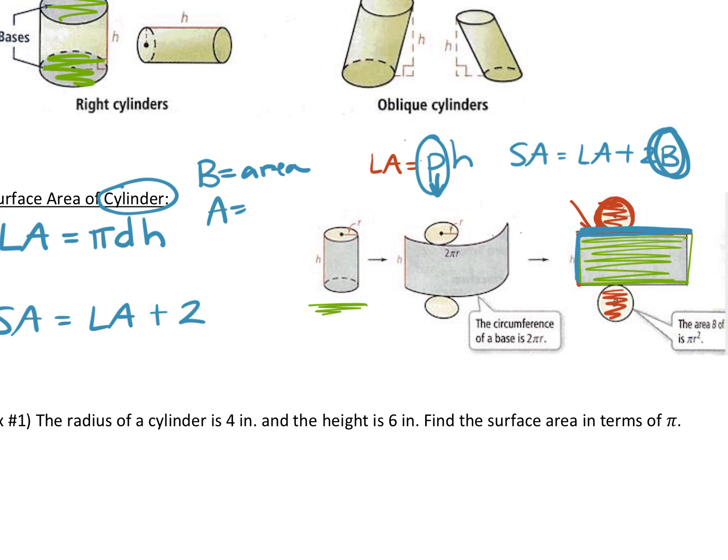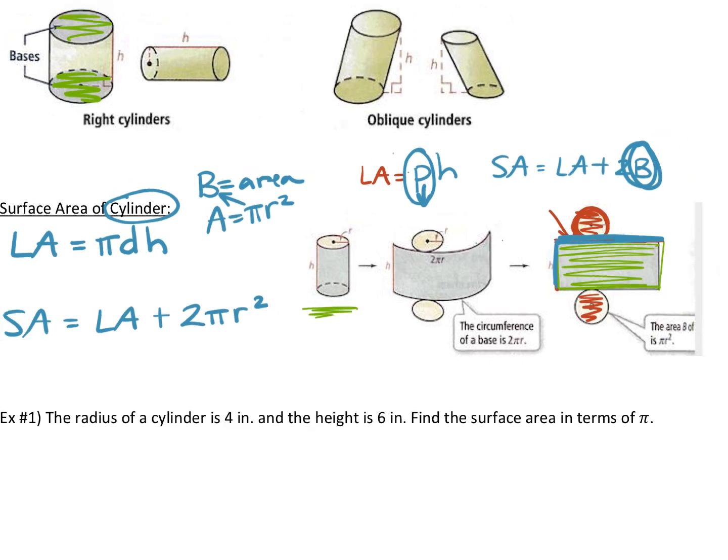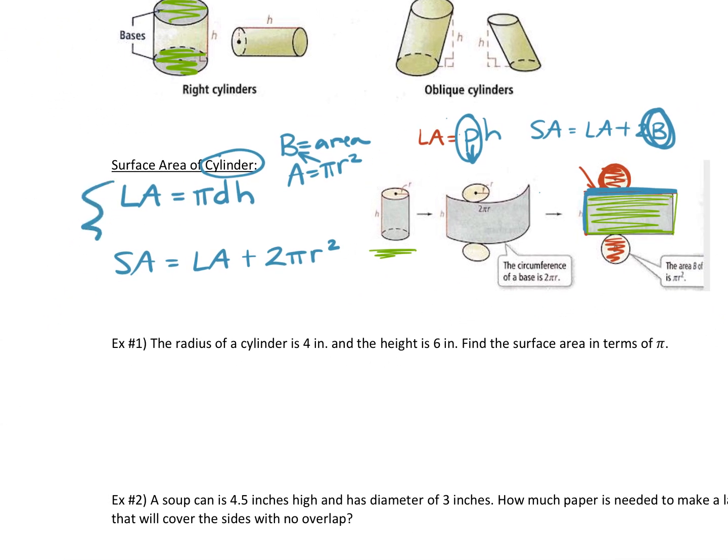Pi r squared. So when you see a B, you put in a pi r squared. They're the same formulas that we've been using. It's just that now this represents P, and this represents your capital B. So lateral area is pi d h. Surface area is LA plus 2 pi r squared, 2 bases.